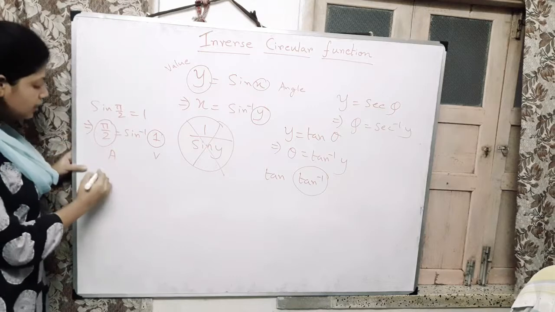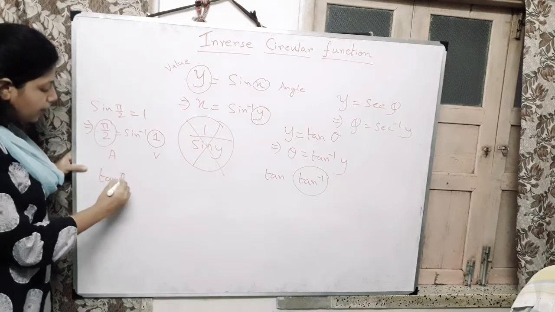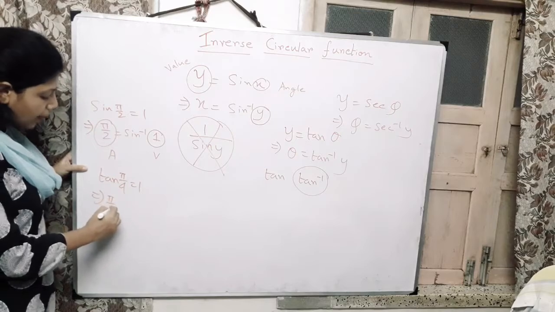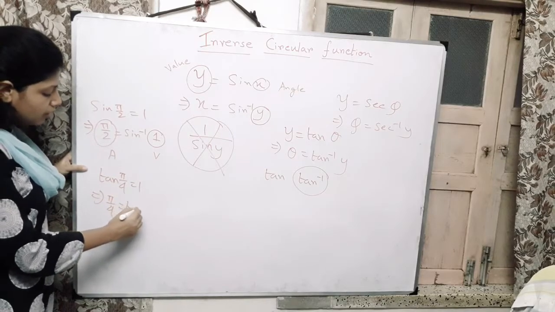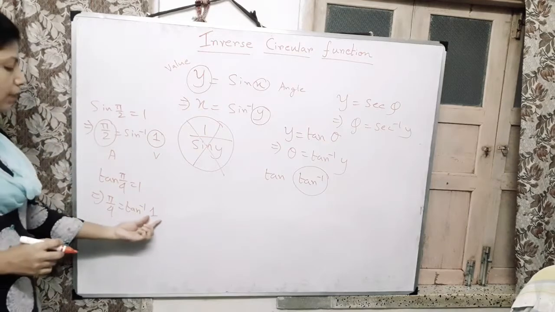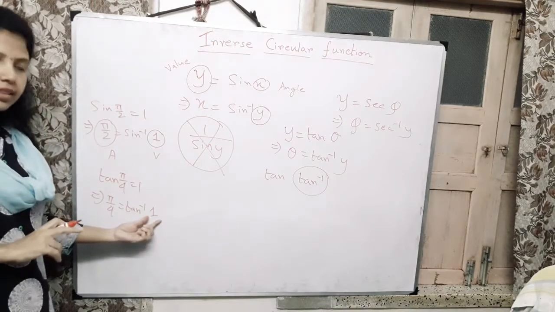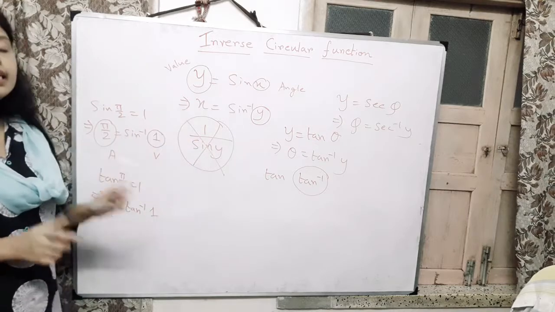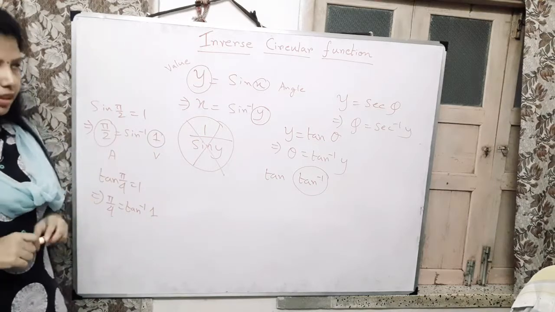Just like tan pi by 4 equals 1, that means pi by 4 equals tan inverse 1. So always this one will be the value. Please try to memorize. And one more thing I have already told, inverse here does not mean 1 by something.